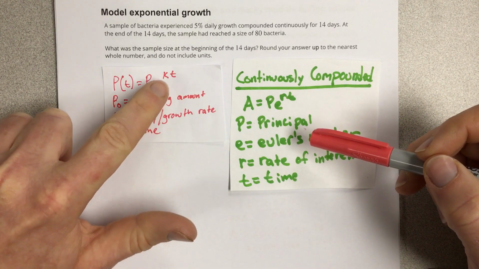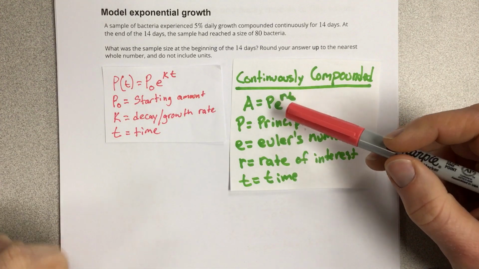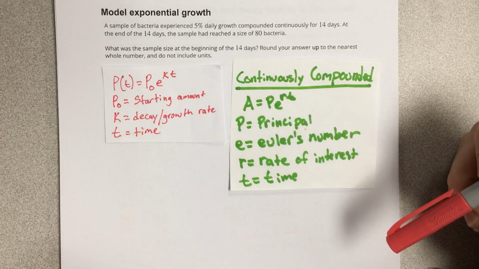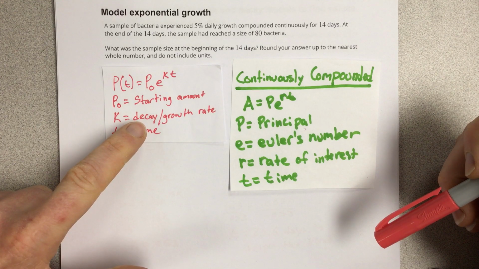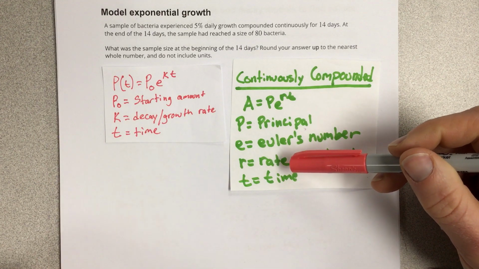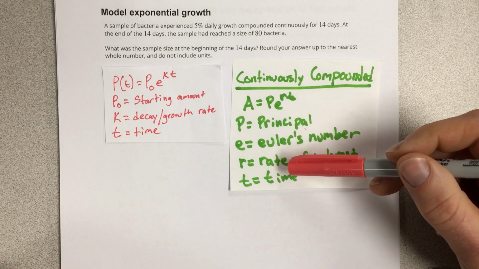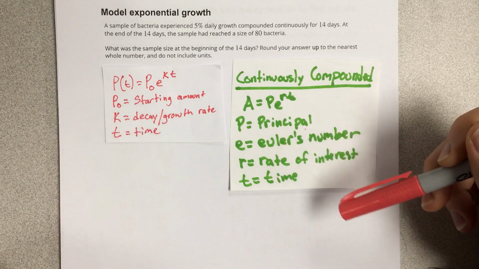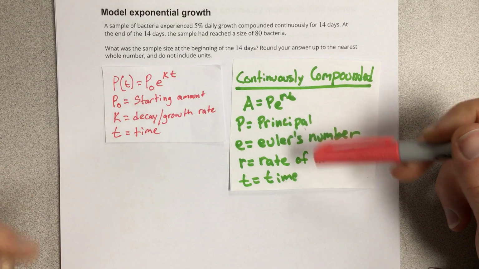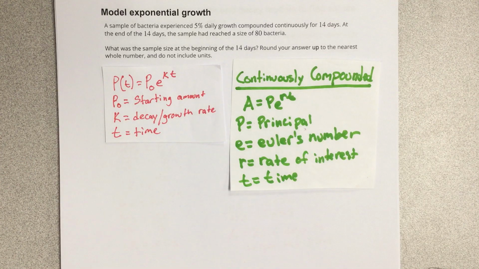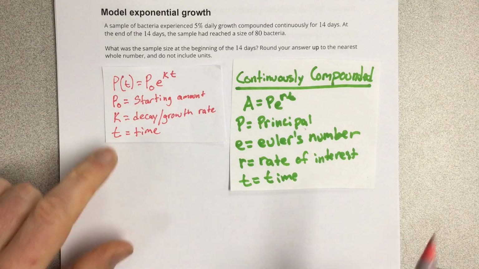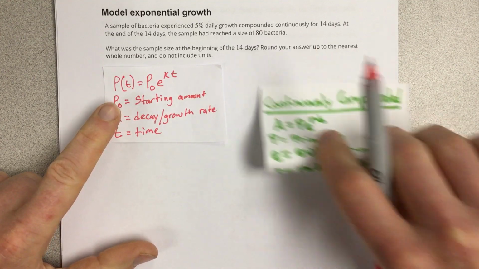And then you have e to the kt and e to the rt. K and r are both talking about the rate. So this one's the decay and growth rate, and this is the rate of interest, which could be positive or negative, which is the same as the decay and growth rate. So they're the same equation, just with different variables. But we're going to use this equation on the left, the P of t, to model this thing.